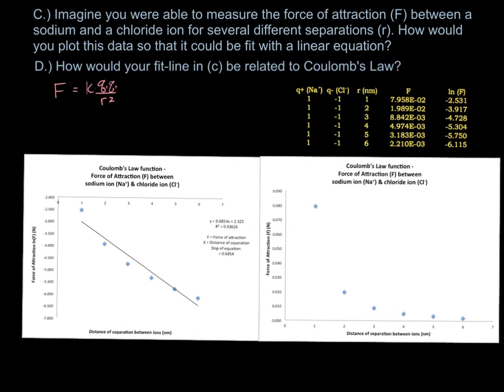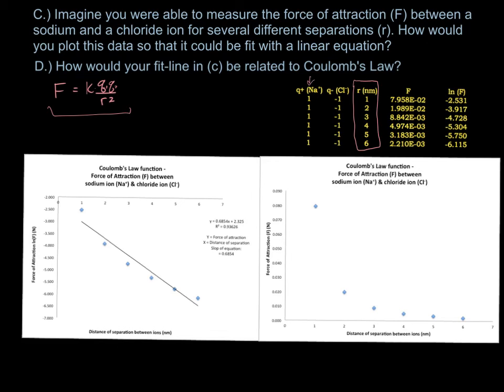So now we're going to imagine that we were able to measure the force of attraction between a sodium and a chloride ion at several different distances between them. So how would we plot this data so that it could be fit with a linear equation? So here's our Coulomb's law right here. Now we chose some arbitrary values for the distance between them just to kind of get some data down.